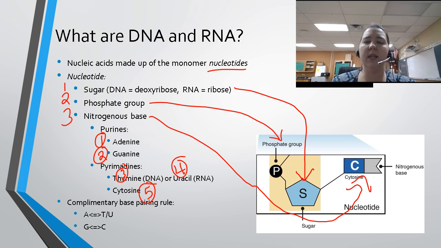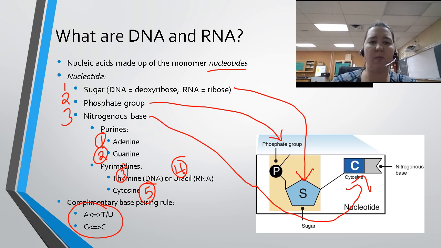And one of the things that we figured out is that DNA and RNA both go through what's called a complementary base pairing rule. You can see that down here. You may remember talking about this in middle school. It means that if we have an A, it's going to be partnered with a T if it's in DNA, or a U if we're talking about RNA. And then if we have a G, it's going to be partnered with a C. And so they match up.